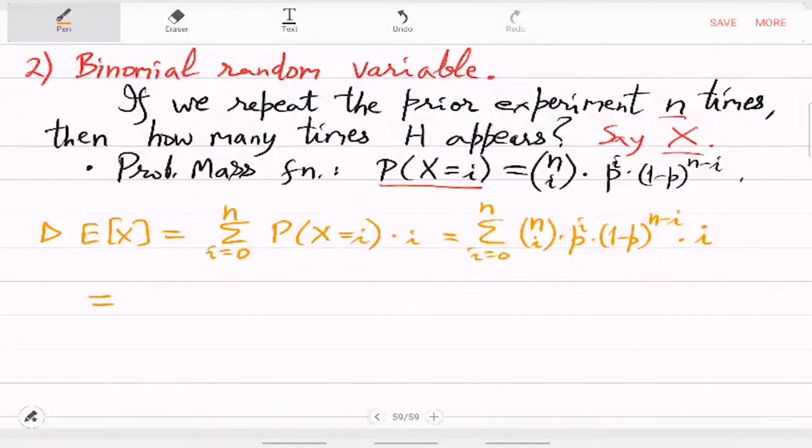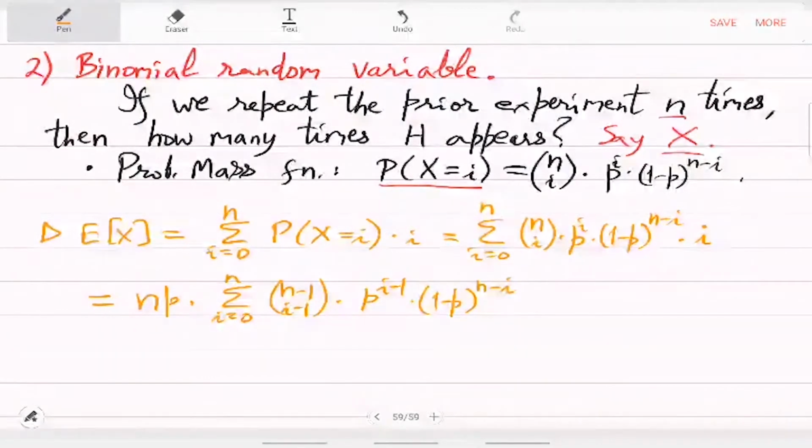So what you do is this: n choose i times i, you write as, bring out np and get n minus 1 choose i minus 1, p raised to i minus 1, 1 minus p raised to n minus i.